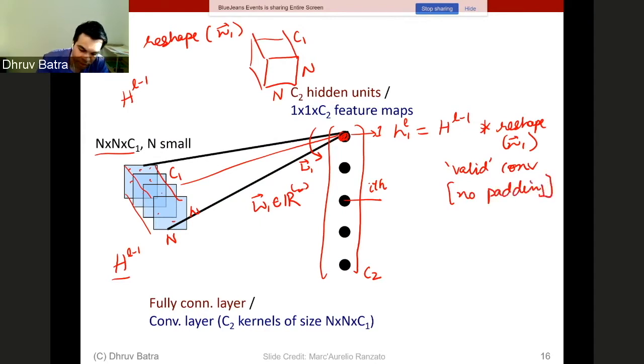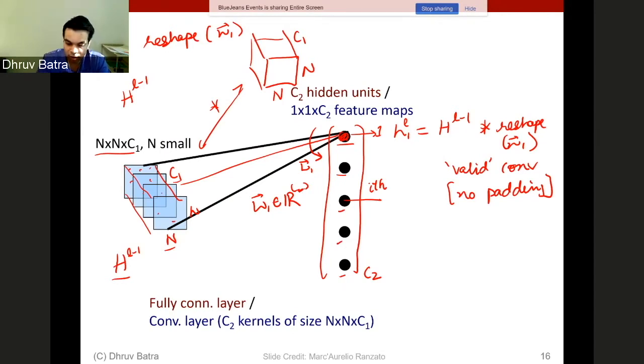So if you take an n by n by C1 object and you perform a convolution with another n by n by C1 object, there is only one placement of those two tensors that is valid. You will just place those two tensors on top of each other, multiply every corresponding element, and add them together. That will give you the scalar, and then you just repeat this for every single scalar in this vector.